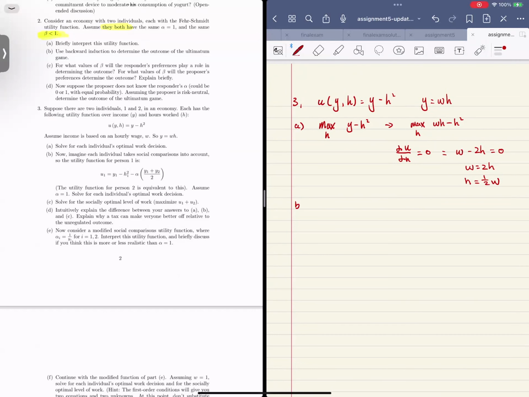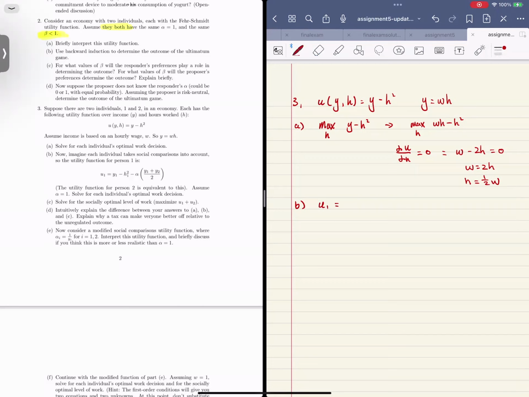Okay, let's go to B. Now, imagine each individual takes social comparison into account. So the utility function for person 1 is, so you're comparing yourself with everyone else out there.